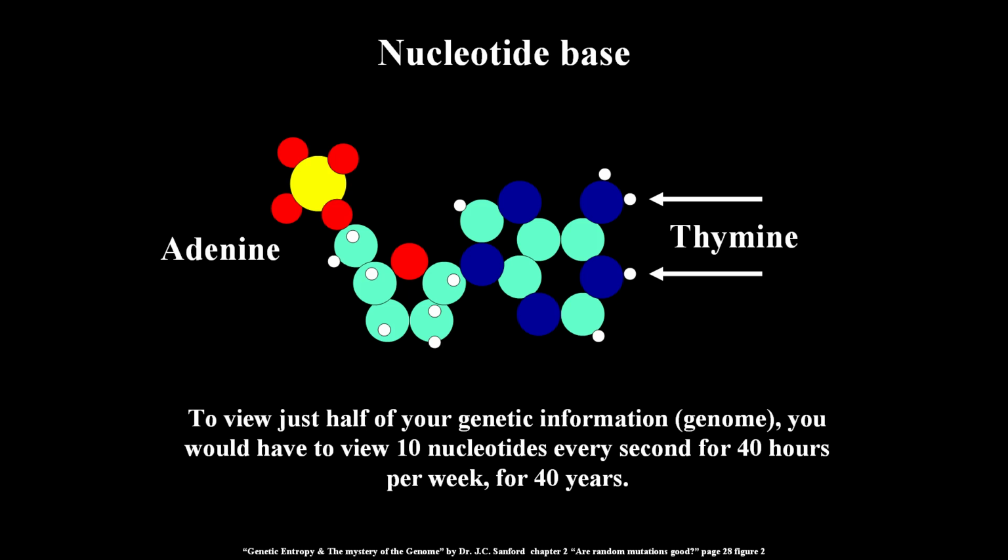To view just half of your genetic information, your genome, you would have to view 10 nucleotides every second for 40 hours per week for 40 years. That's the extent of your DNA.